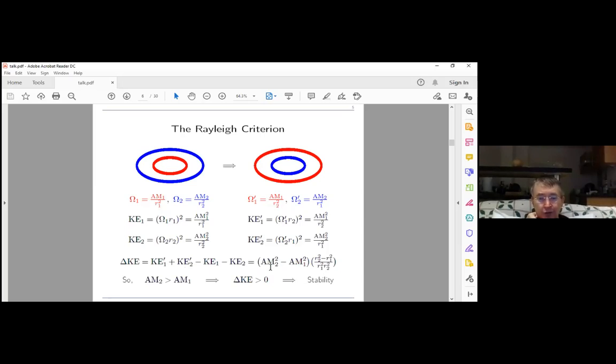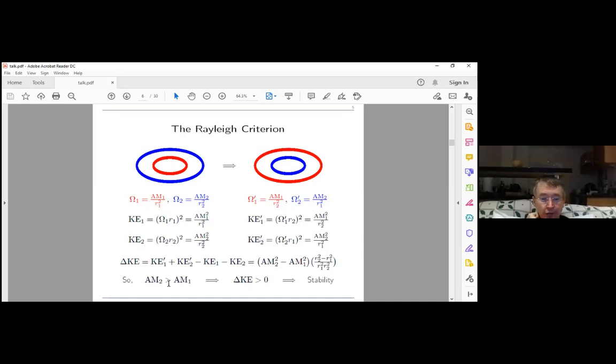And so what you can see is if angular momentum 2 is greater than angular momentum 1, that means the change in kinetic energy is positive, and that in turn tells you that the original configuration is stable, because the only way to go from here to here would be if somebody externally gives you this amount of energy that you need to go from there to there.